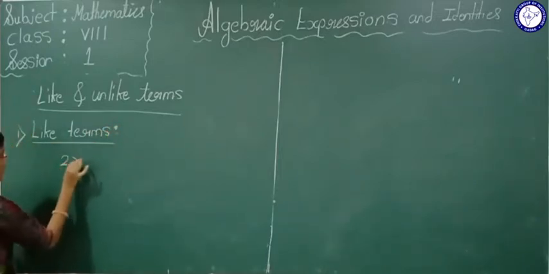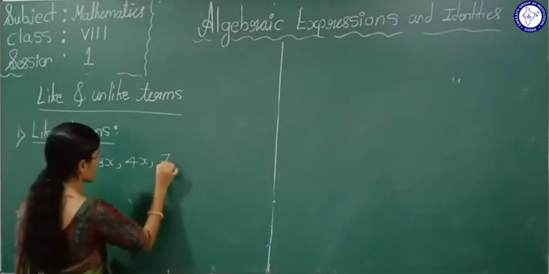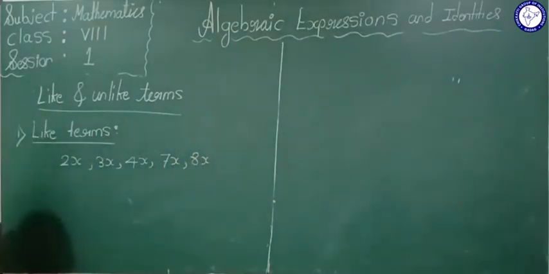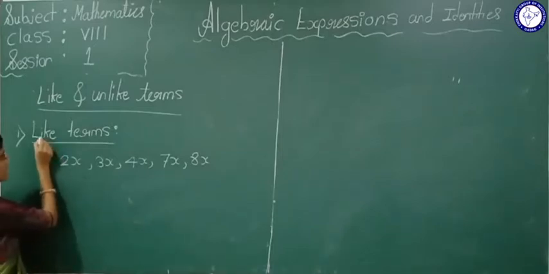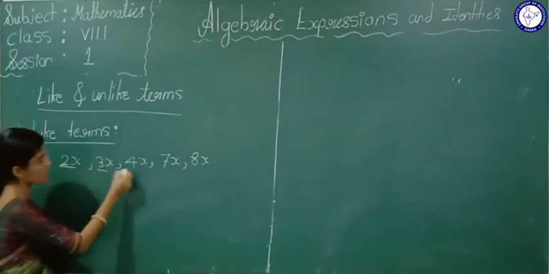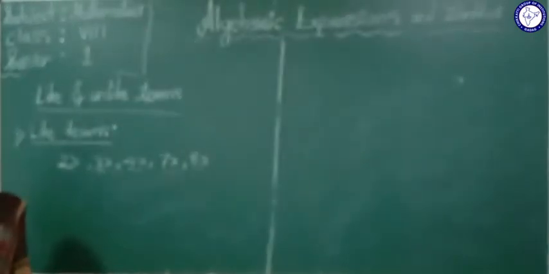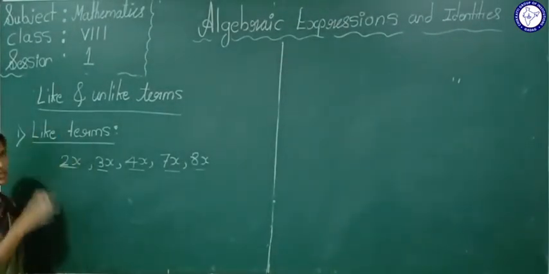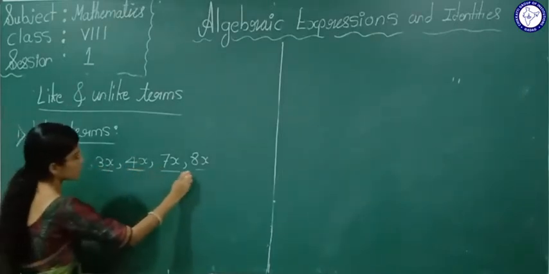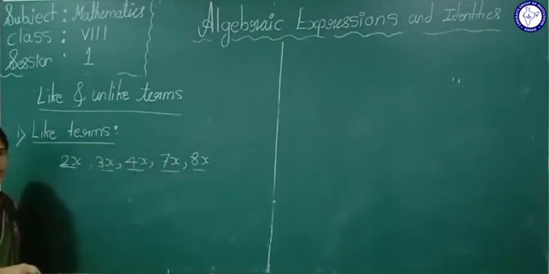Now say 2x, 3x, 4x, 7x, 8x. Now see here, these all are terms. I have written like terms. Terms having the same variable are called like terms. So these are the terms. Okay. Terms having the same variable are called like terms.